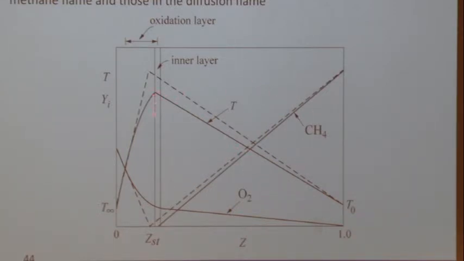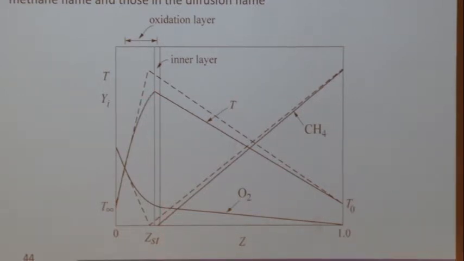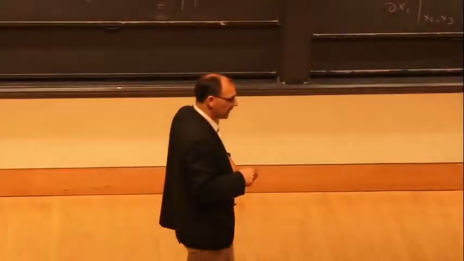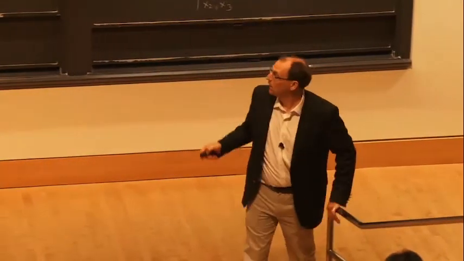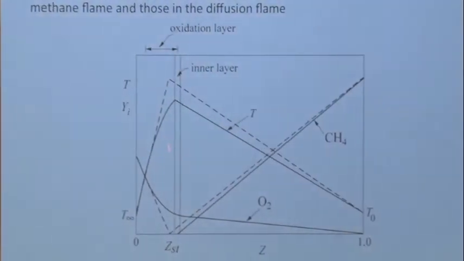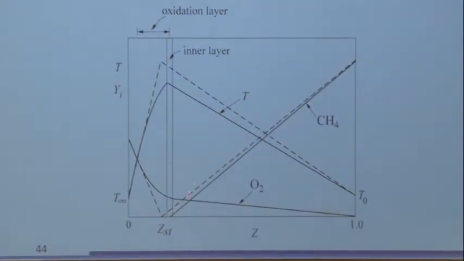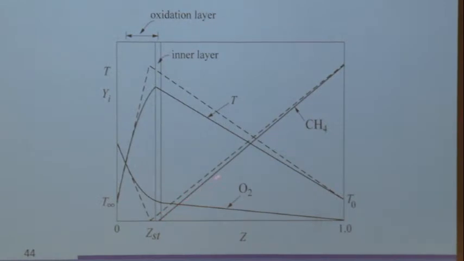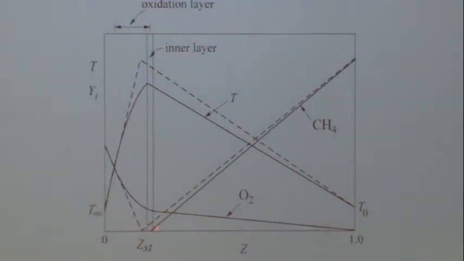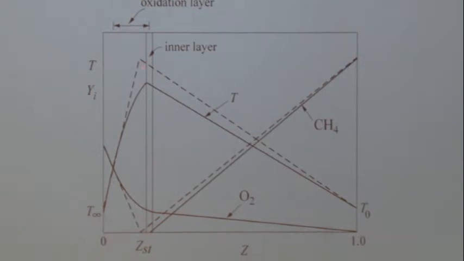And then you have the inner layer that we had for the premixed flames. That's the same here. You have the inner layer now also here at stoichiometric conditions, that's where the radicals go to 0 basically, or the radicals are consumed together with the fuel, okay, where the fuel is converted into CO and H2.